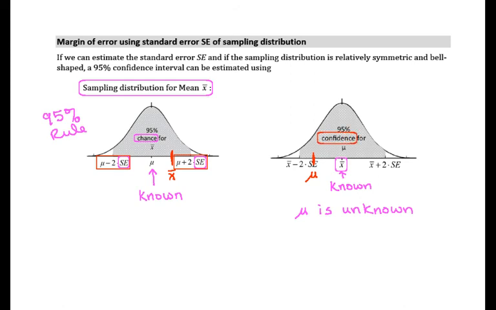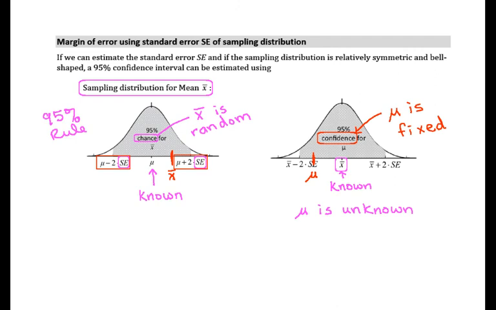instead of a 95% chance. We used the language of chance in the first case because x bar is random. It's based on a random sample, and it's going to vary depending on how that sample is taken or depending on which sample you're looking at. Mu does not vary. Mu is an unknown constant. So all we can do is talk about how certain we are about our estimate of mu.